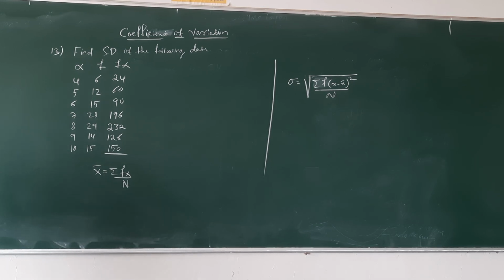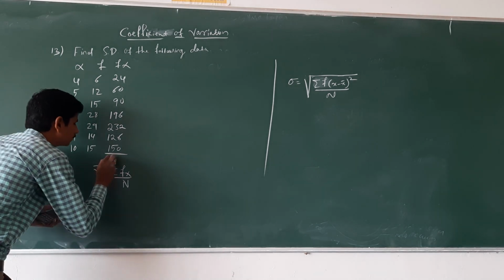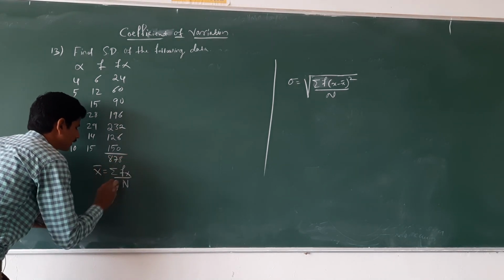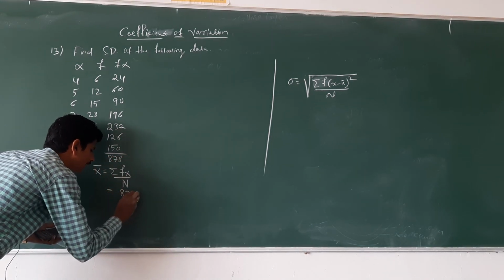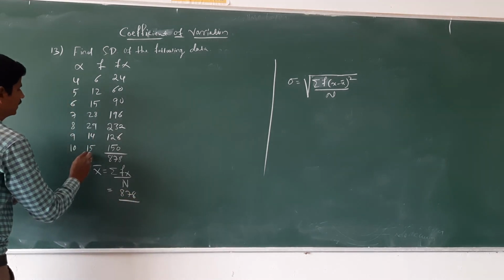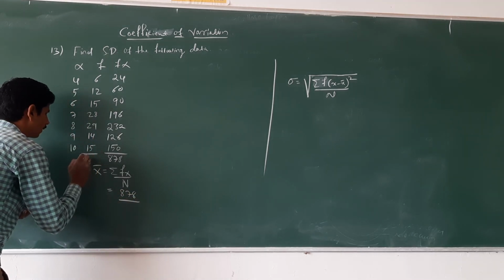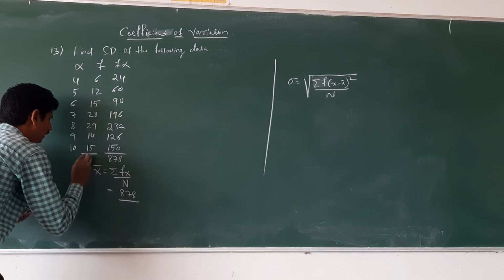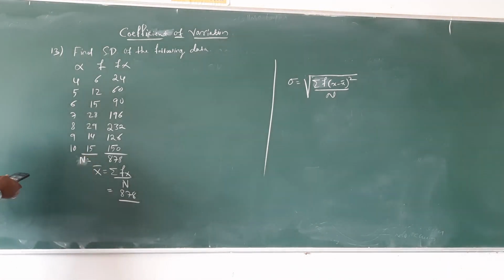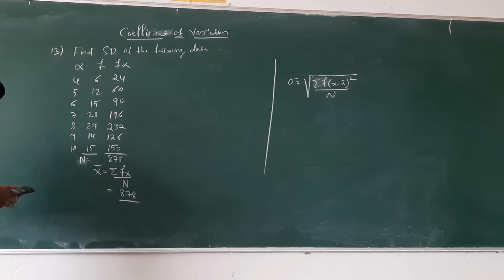Then sum of fx is 24 plus 60 plus 90 plus 196 plus 232 plus 126 plus 150. Then we will get 878 is the sum. Then substitute 878 divided by capital N. See here, 6 plus 12 is 18. 18 plus 15 plus 28 plus 29 plus 14 plus 15. Then we will get 119.